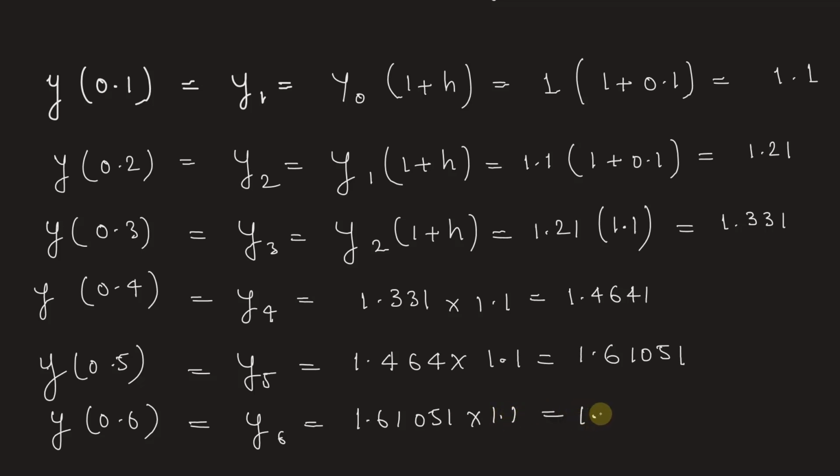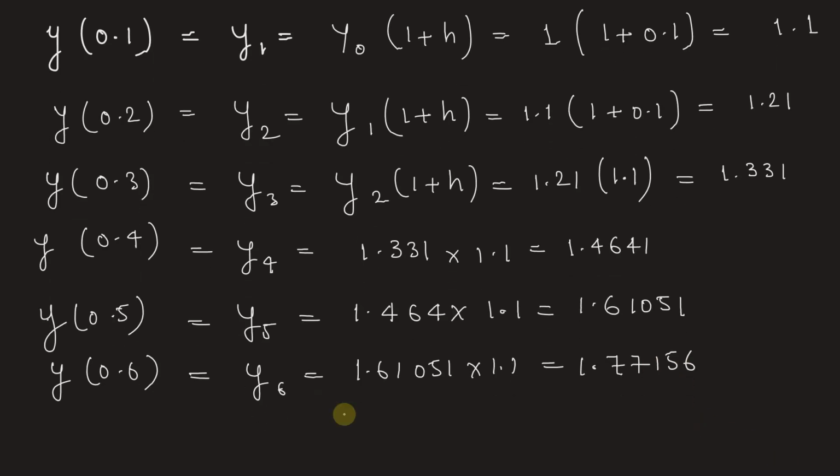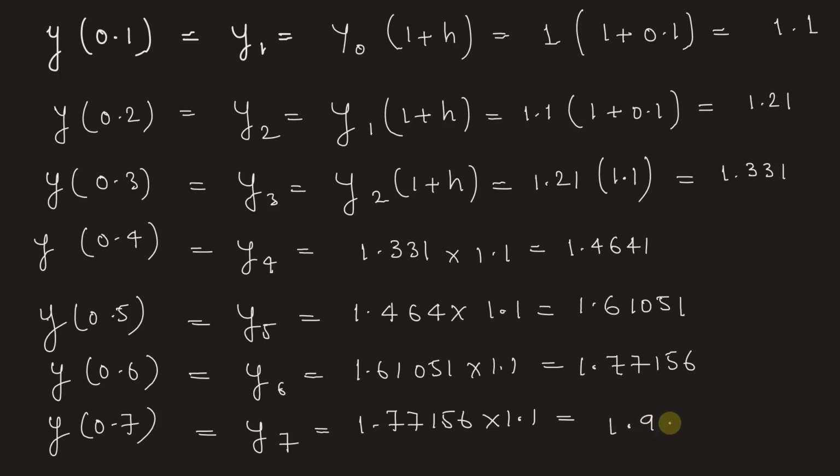This is 1.77156. Y of 0.7 is equal to y7, which is 1.77156 multiplied by 1.1, that is equal to 1.9487.